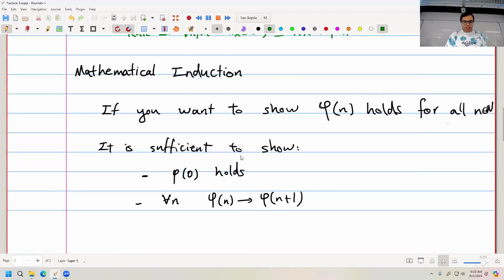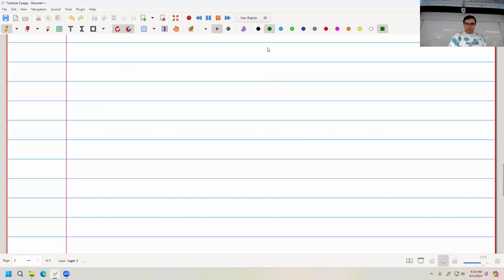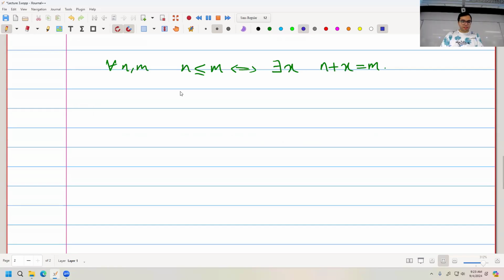Okay. But let's actually see some examples of using mathematical induction. And sometimes we start with 0, sometimes we start with 1, depending on the problem that we're working with. So here's the most classical example, like every textbook that introduces mathematical induction starts with this example.